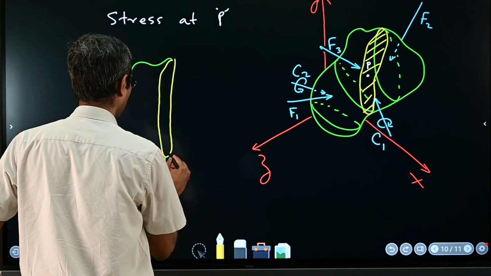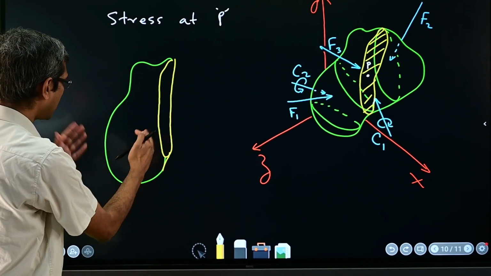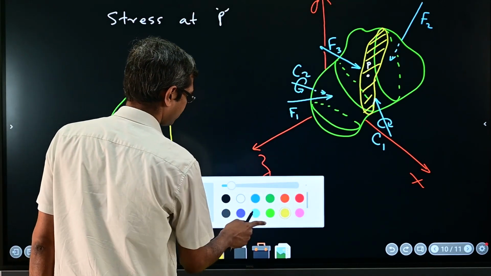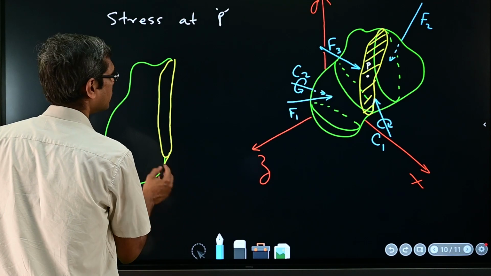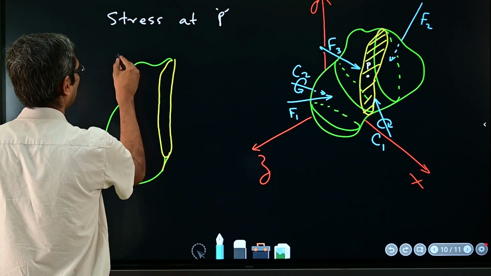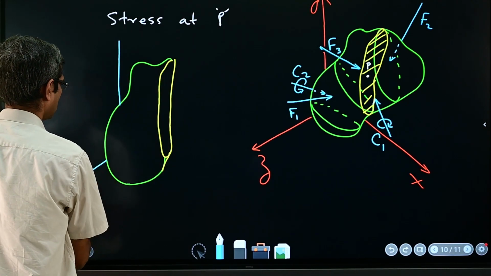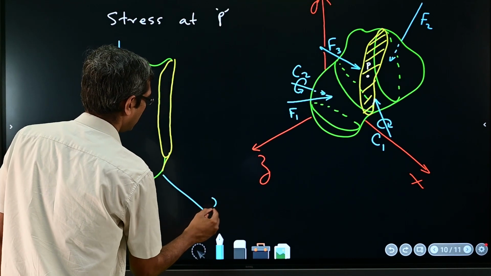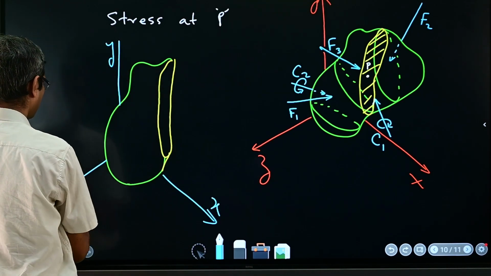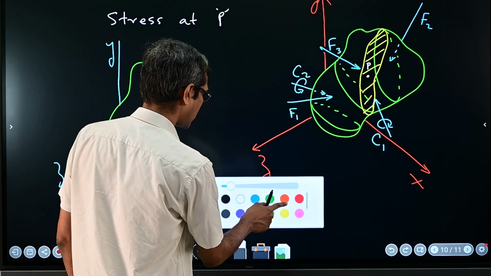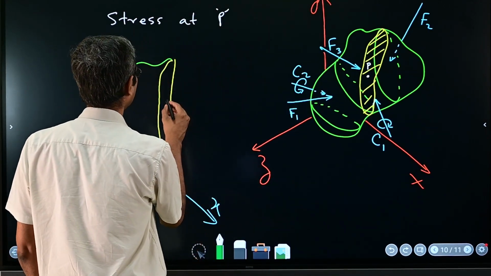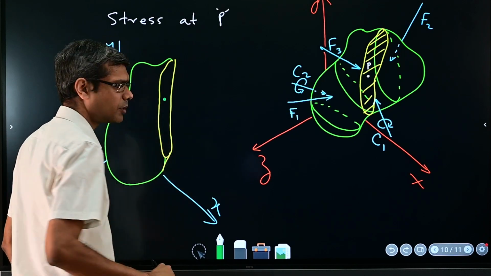So what I mean is this is parallel to the YZ plane. So this was X, Y and Z. Now P is visible. So P is somewhere here and it's visible.